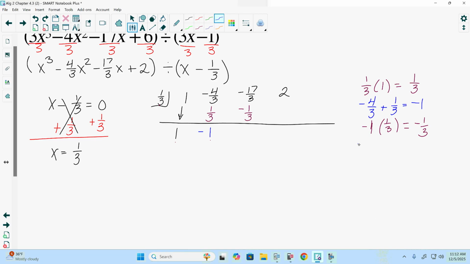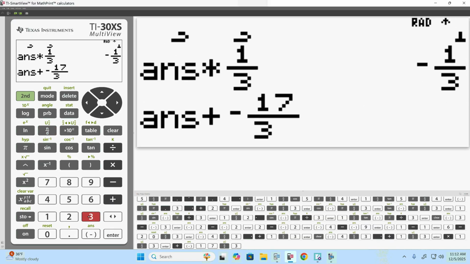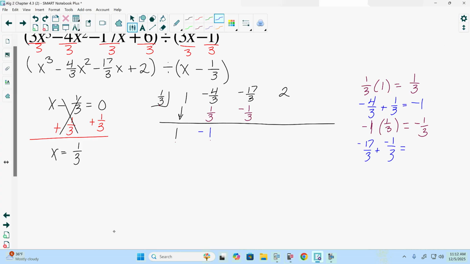And then we're going to add negative 17/3 plus negative 1/3 together, yes? Plus negative 17/3, because I can just hit plus negative 17/3 because ANS, the previous answer the calculator had, is our negative 1/3, yes? Telling me that it is -6.